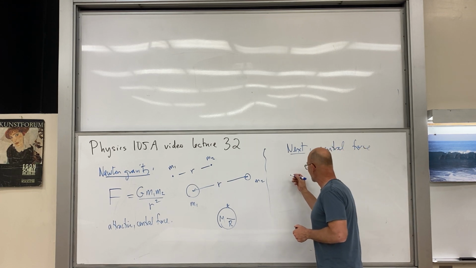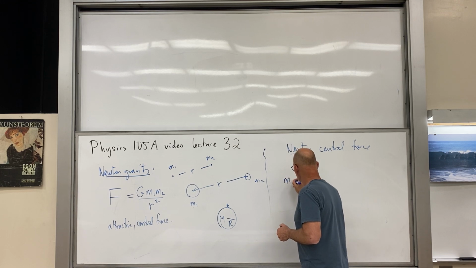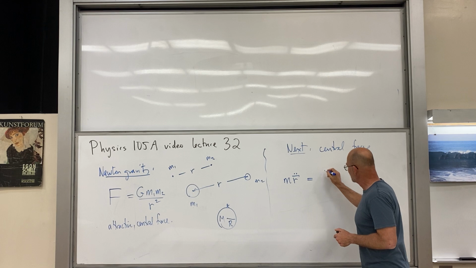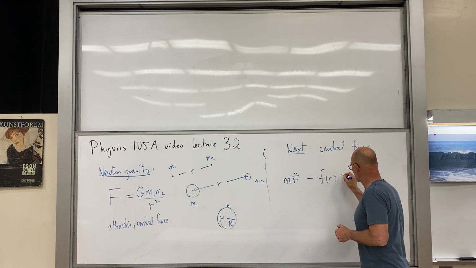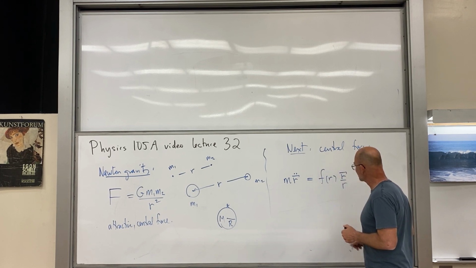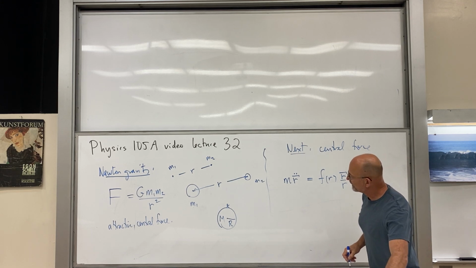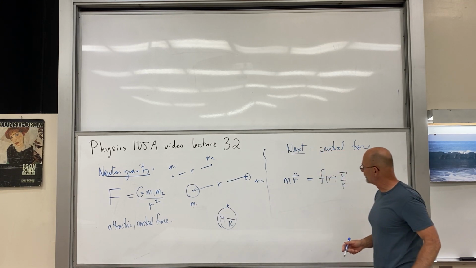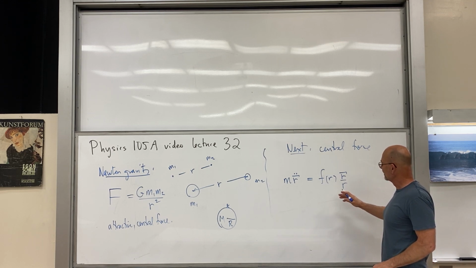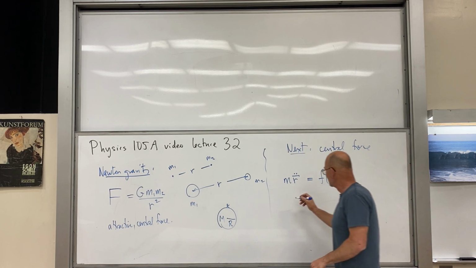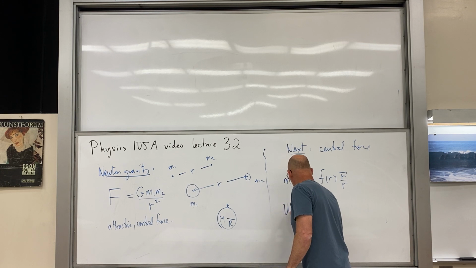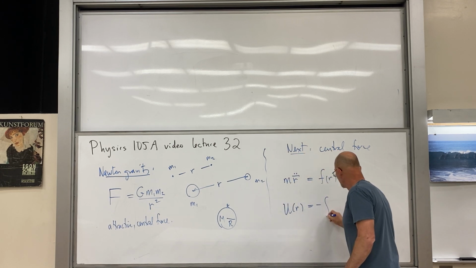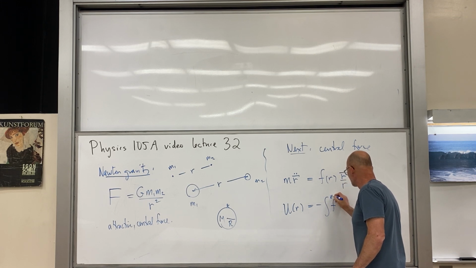So what did we have? We have f of r divided by r. This, of course, is the very celebrated example, but we'll have other examples. I'm going to go ahead and review that. We know that it's a central force. We have a potential energy of this form, a function of r.